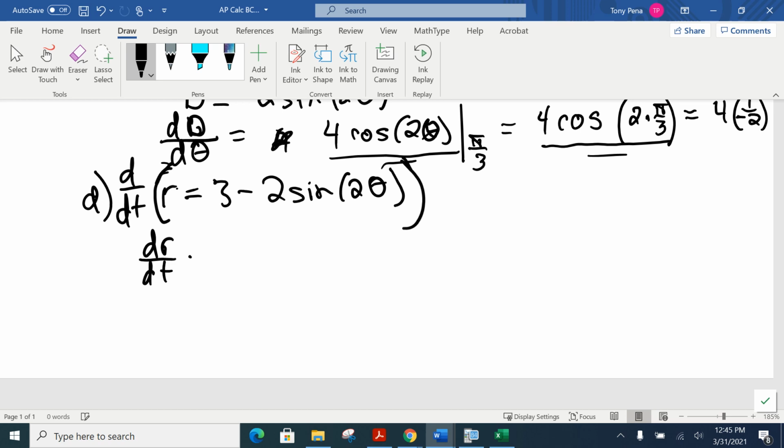I would have to get dr dt. And then on the right-hand side, the 3 will go away. I will get initially a -2 cosine of 2 theta times, and then when we do the derivative of the inside here, it's not just a 2 anymore. It's a 2 d theta dt.